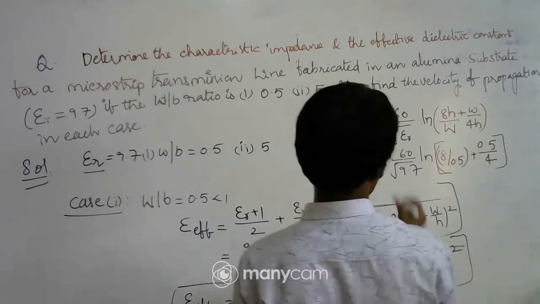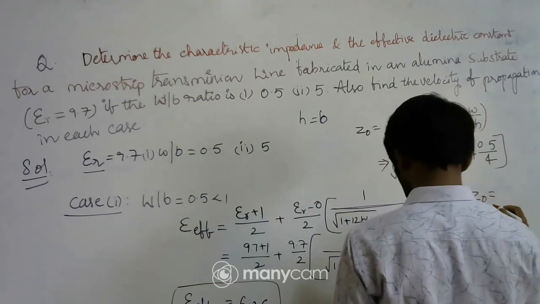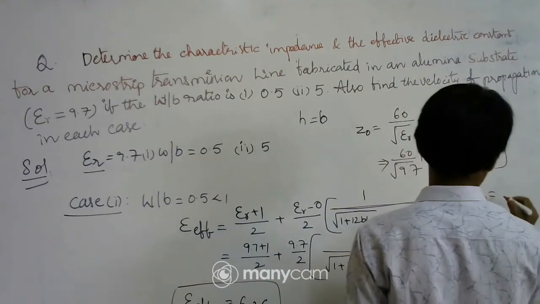Simplify the expression and we get the value of Z0 as 66.651.